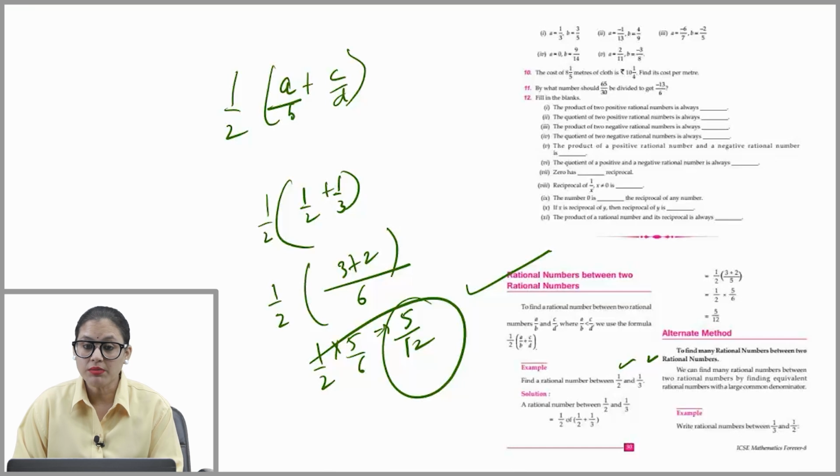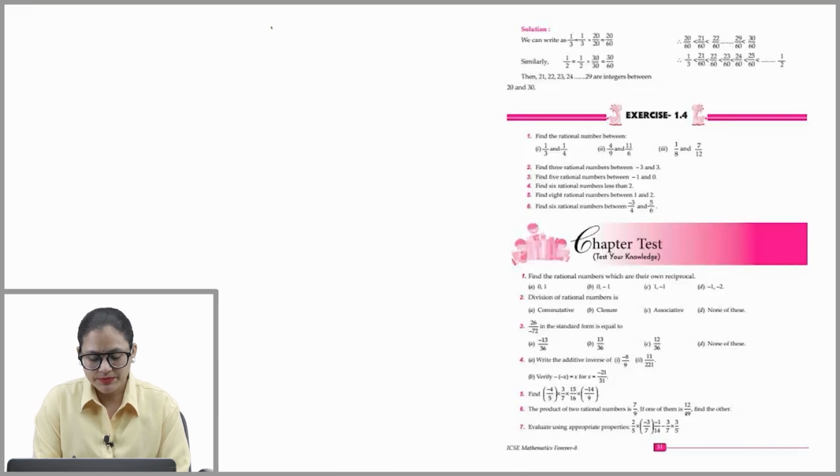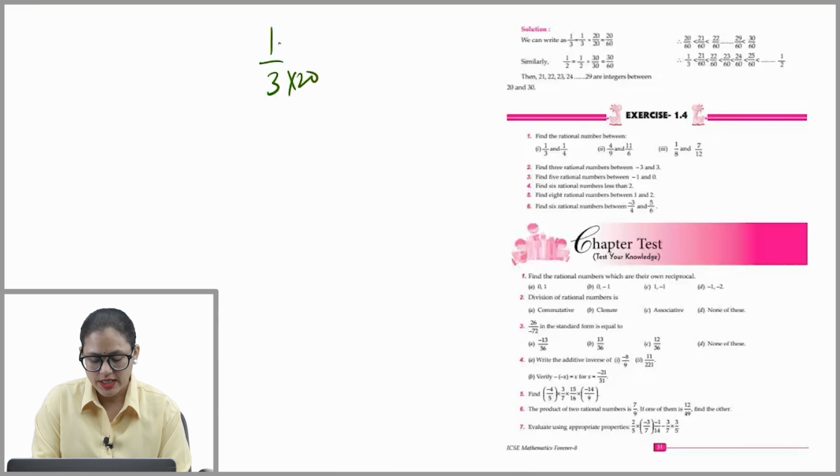Now, alternate method to find many rational numbers. To find many rational numbers between two rational numbers, we can find equivalent rational numbers with a large common denominator. For example, we have to find rational numbers between these two rational numbers. Okay, so 1 by 3, we will make the denominator the same, so we will multiply by 20, and here also 20 by 60.